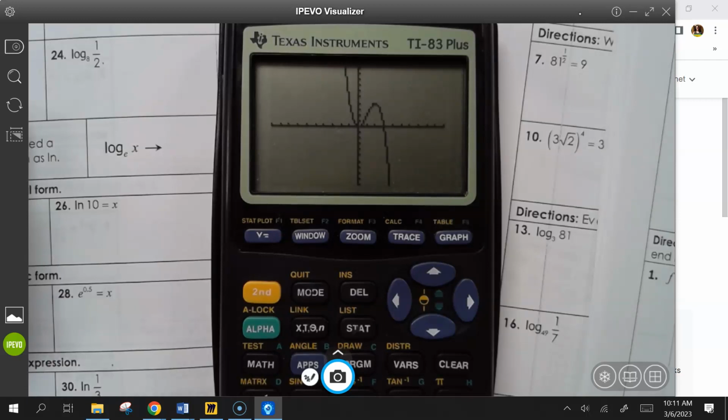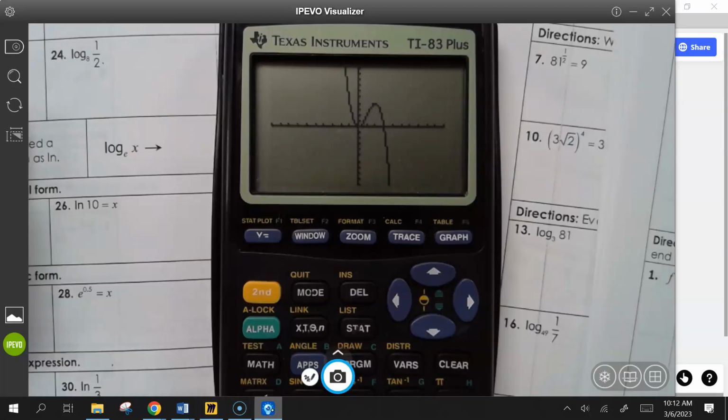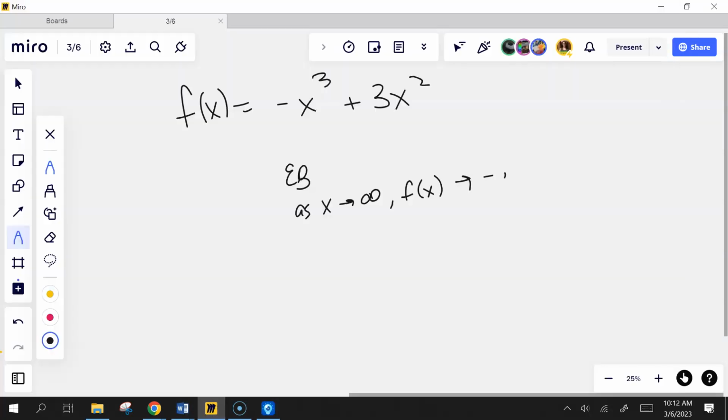Tell me what you see. A line. Tell me about the end behavior first. As x goes to infinity, f of x approaches, what did you say? Negative infinity. As x approaches negative infinity, f of x approaches infinity.